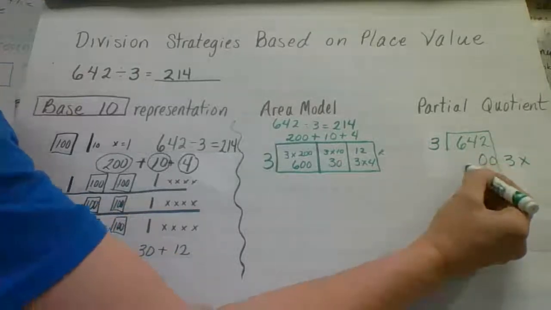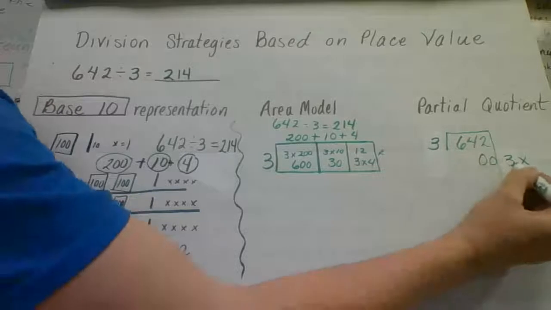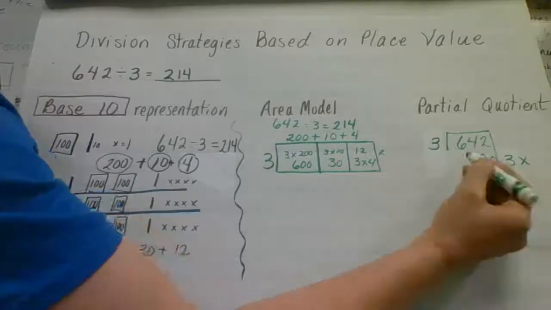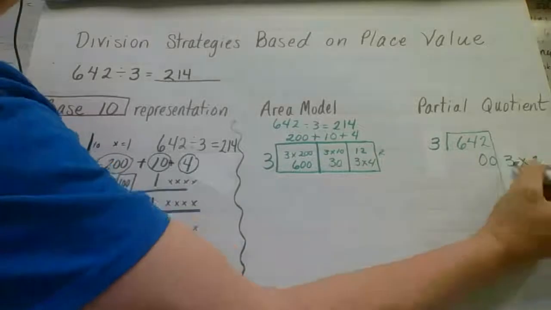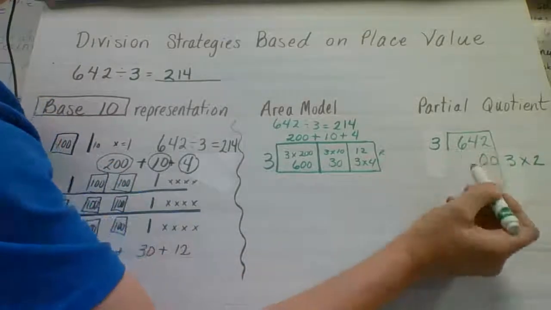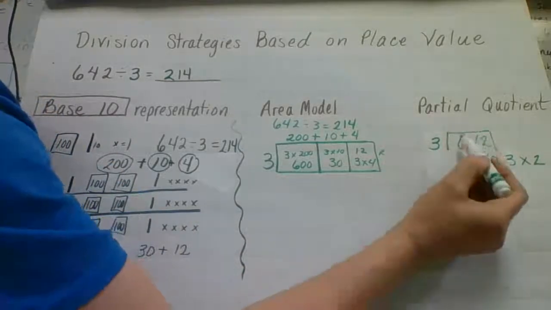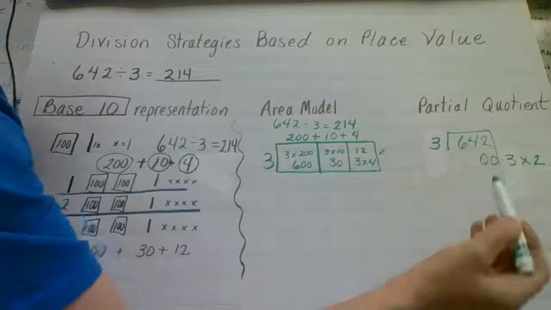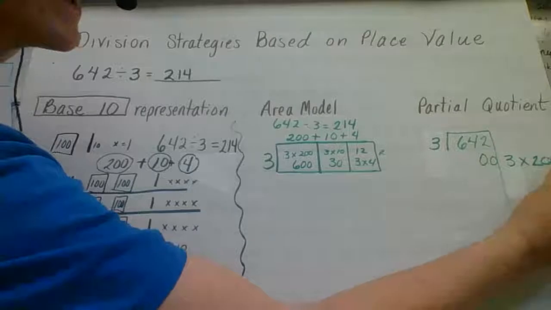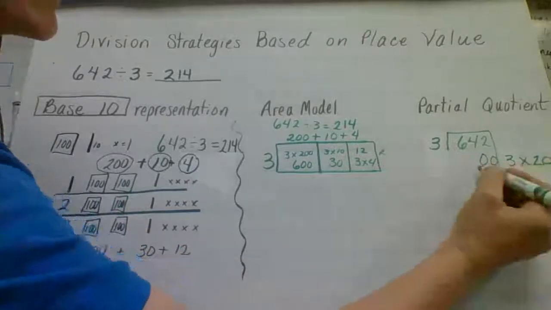How many hundreds are going to be in each of my 3 groups? So counting by 3s, 2 times 3 is 6. In the old strategy, we would put the 2 up here, and we wouldn't pay attention to the fact that it's in the hundreds place. But with the students, we want to make sure that they realize it's 200. So 200 times 3 is 600.